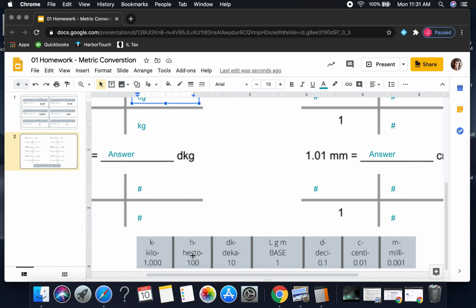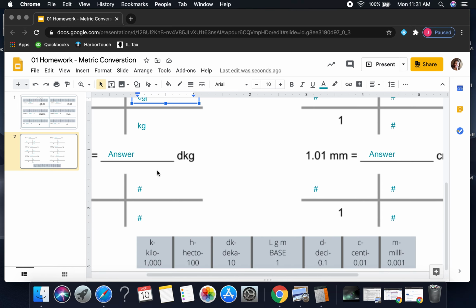We're jumping 1, 2, 3, 4, 5. So we're going to have 5 zeros after our 1. Remember it's going to be the smaller unit. Kilograms is bigger because it's further to the left than centigrams. So our number is going to go in front of centigrams.